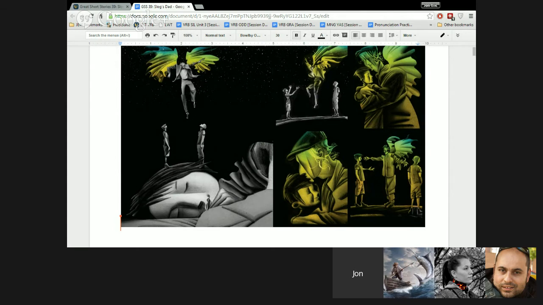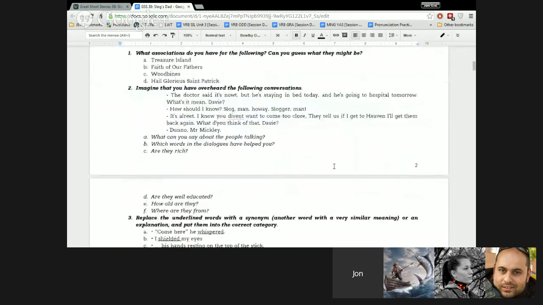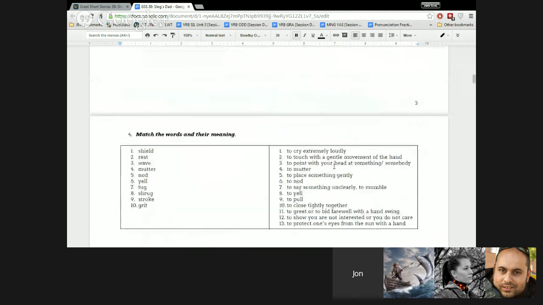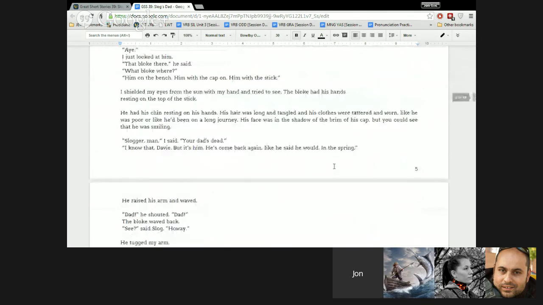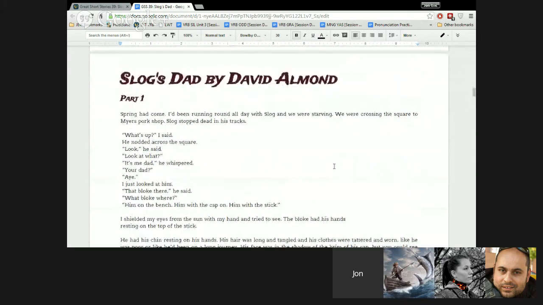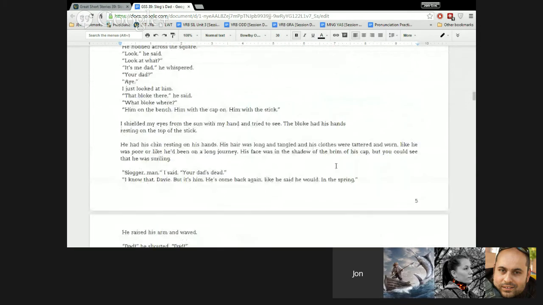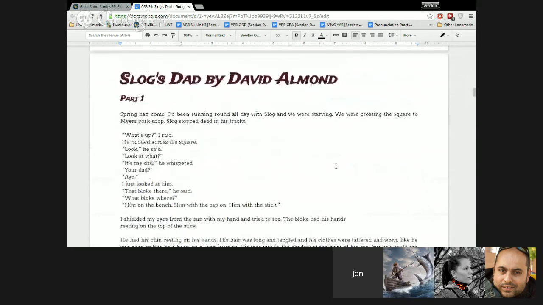So what happens is, in the beginning of the story, we can actually look at the very beginning. Let me just move forward a little bit. There we go. Starting on page 5, the very first thing we find in the story, which we read on Tuesday, was this part.